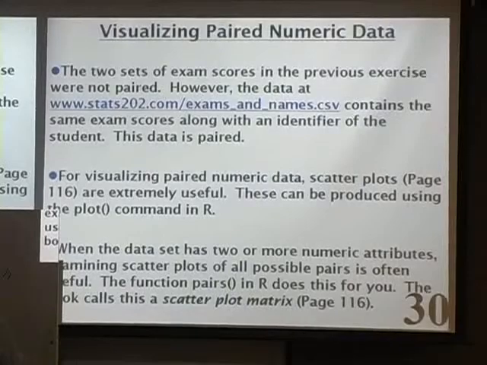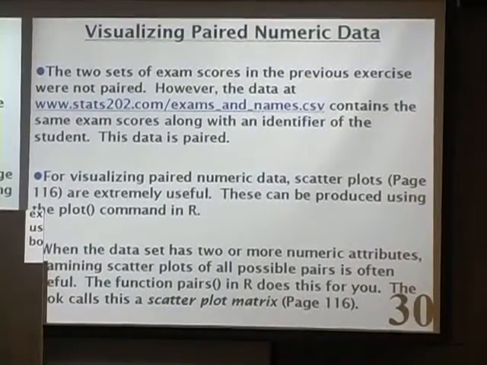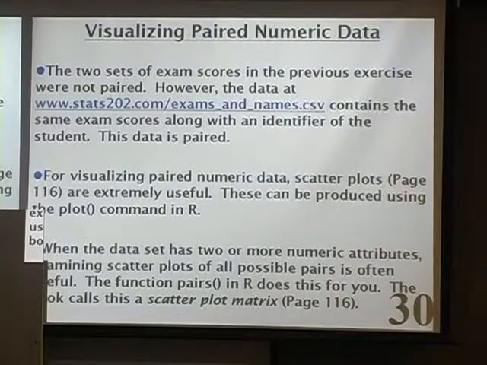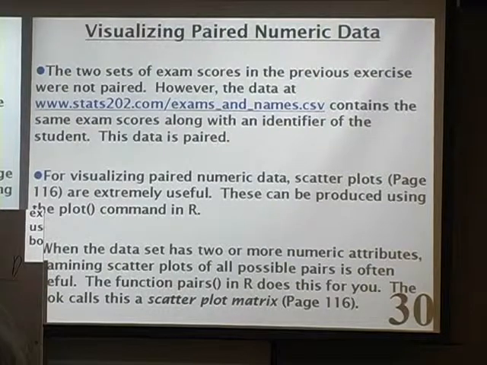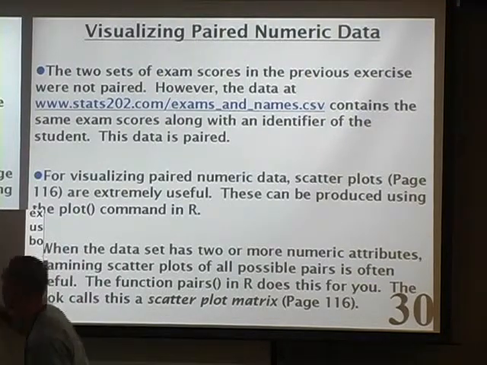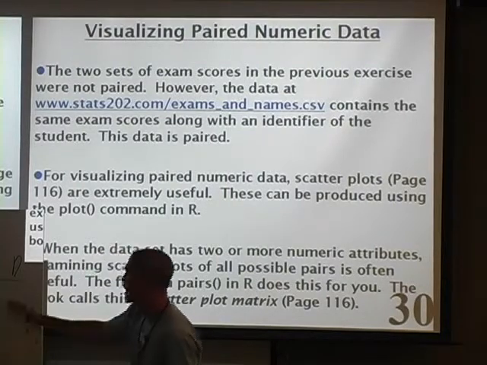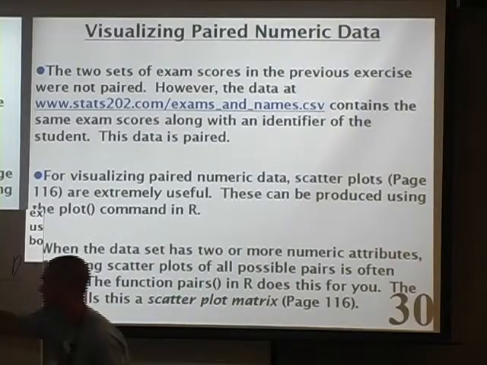If you think about the chapter 2 idea of data, which was this matrix with observations 1, 2, 3, 4, and then different attributes, attribute A, attribute B, attribute C, etc. If I just take any 2 columns, say attribute A and attribute C, that data is paired, because both of those are for observation 1, both of these are for observation 2, both of these are for observation 3. So when I'm comparing 2 attributes for the same data, I have a paired relationship because I can tie these together.